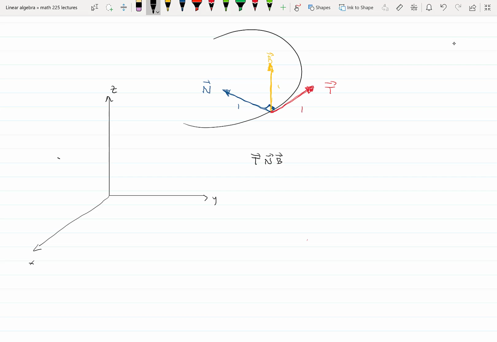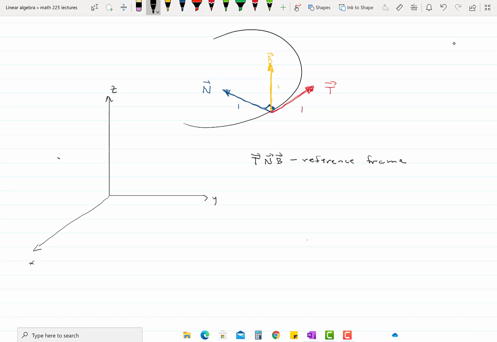It's called the TNB reference frame, and it moves along with me. So T points in the direction of increasing t. N points toward the concave side of the curve, and B is perpendicular to both T and N.